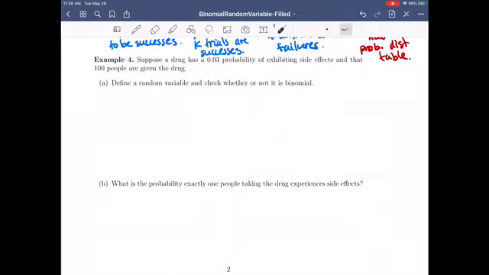So suppose a drug has a 0.03 probability of having side effects, and we give it to 100 people. We want to define a random variable and check whether or not it's binomial. The thing that I care about is how many people have side effects. So I want my random variable X to be the number of people who have side effects from the drug.